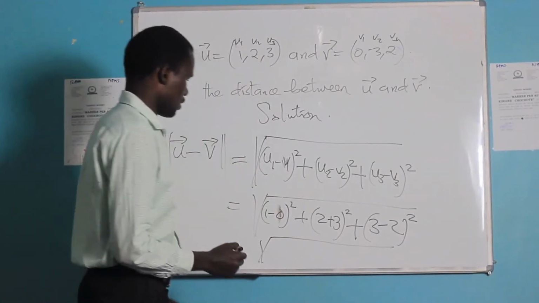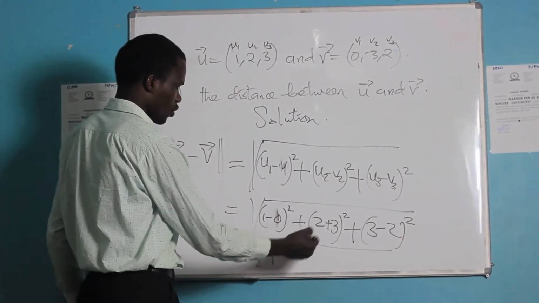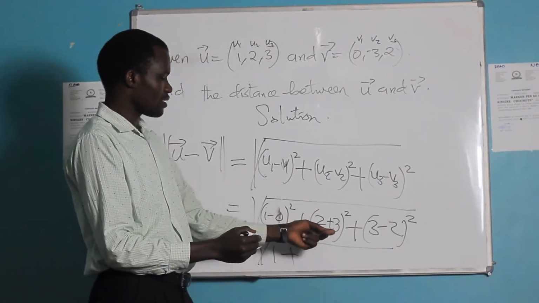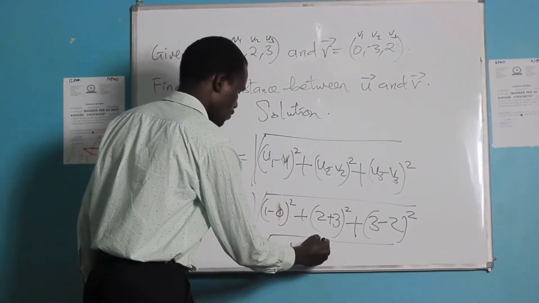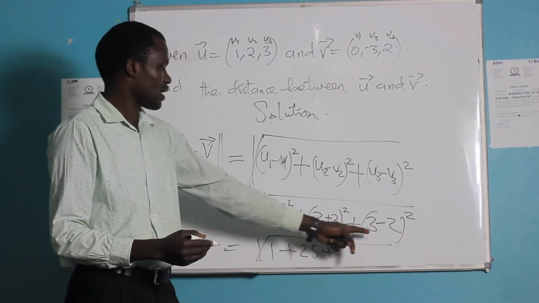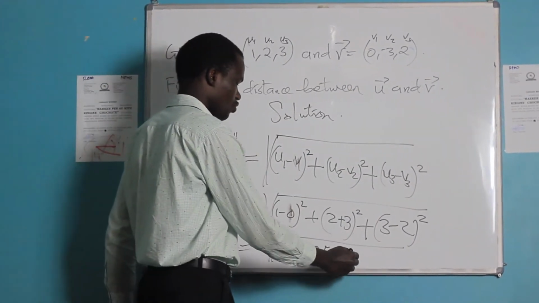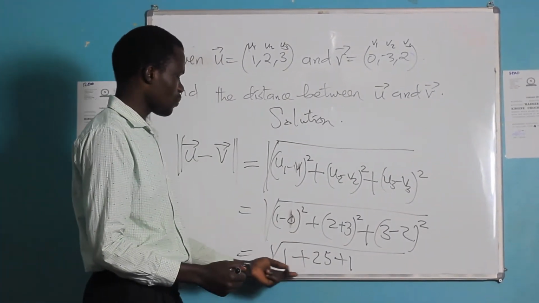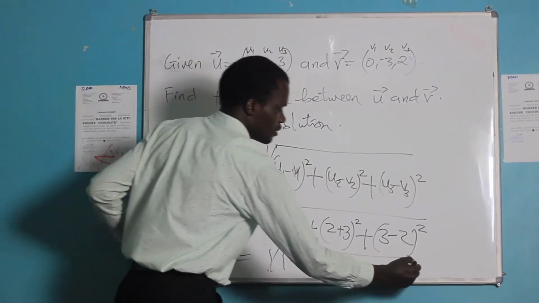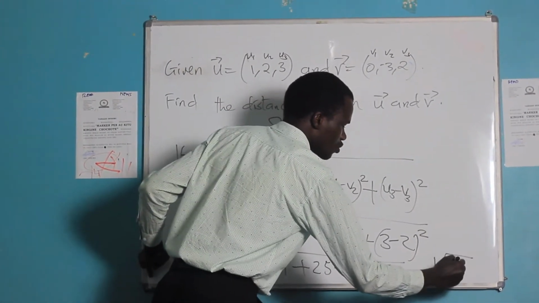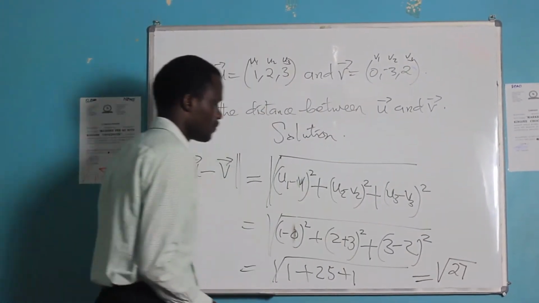So 1 minus 0 is 1, squared is 1, 2 plus 3 is 5, squared is 25, and then 3 minus 2 is 1, the square of 1 is 1. So 1 plus 25 plus 1 gives the square root of 27.